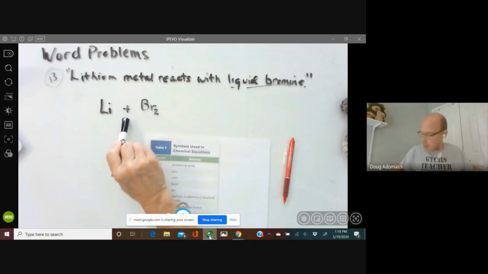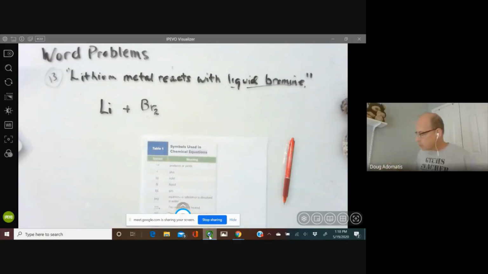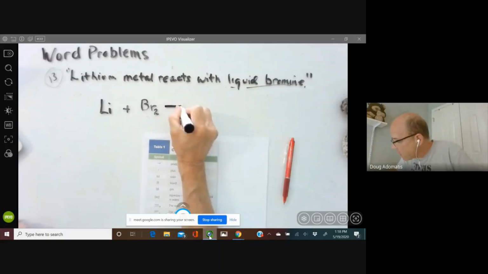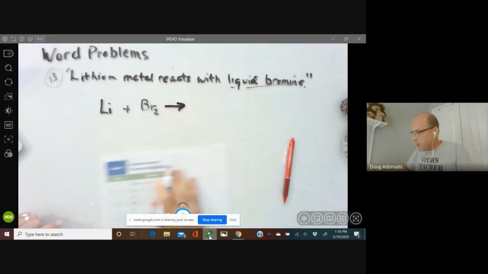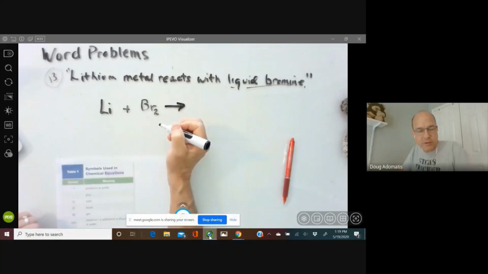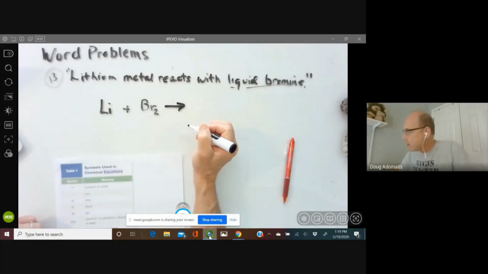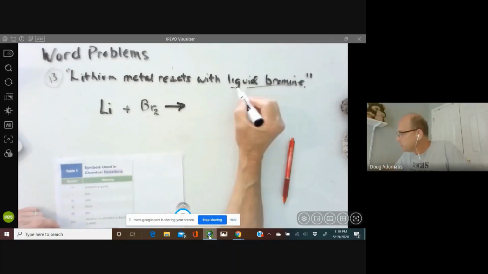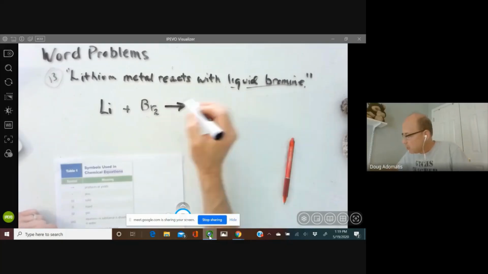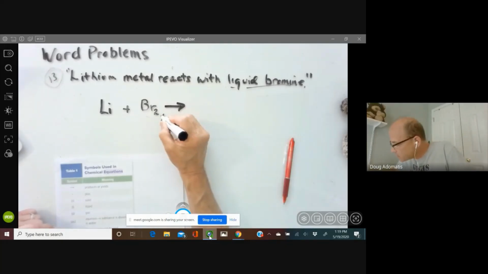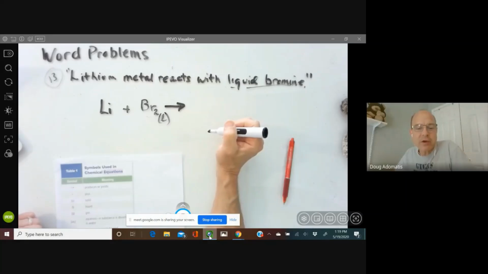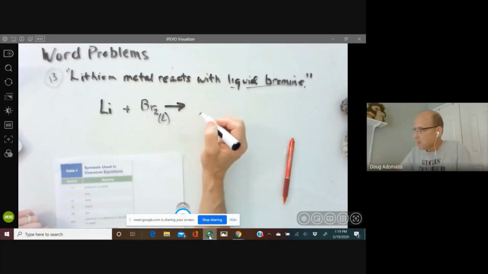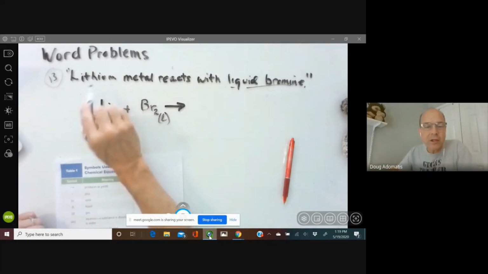this plus sign means reacts with, and we know that the arrow means that yields or produces, but you may have seen some other symbols that I call the states of matter. So when you see liquid bromine, you need to put as a subscript a little lowercase script L. That means liquid. So liquid bromine is reacting with metal lithium.